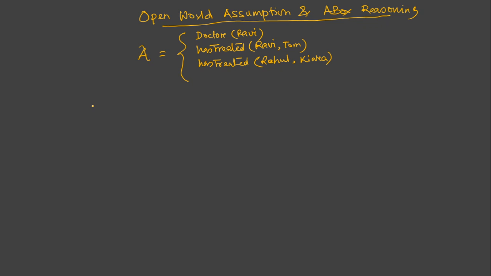The motivation is that relational databases follow a closed world assumption, as compared to the open world assumption that is followed in description logic or the semantic web in general, right? So that's why we are trying to draw a parallel comparison between the relational database way of processing and the description logic way of processing.